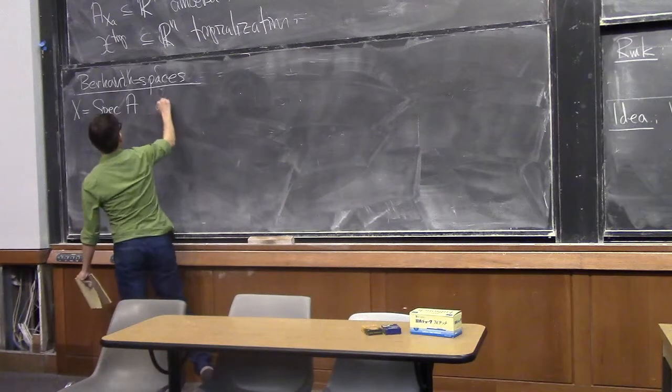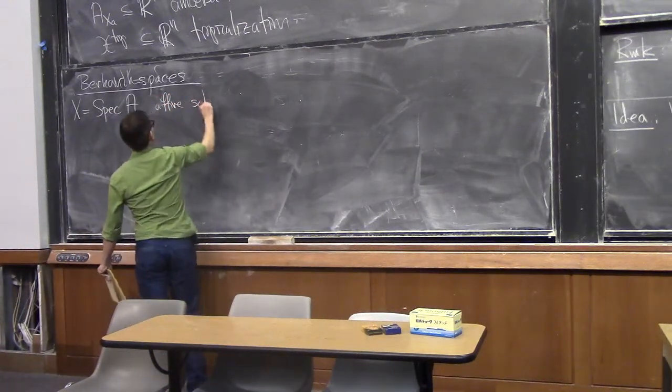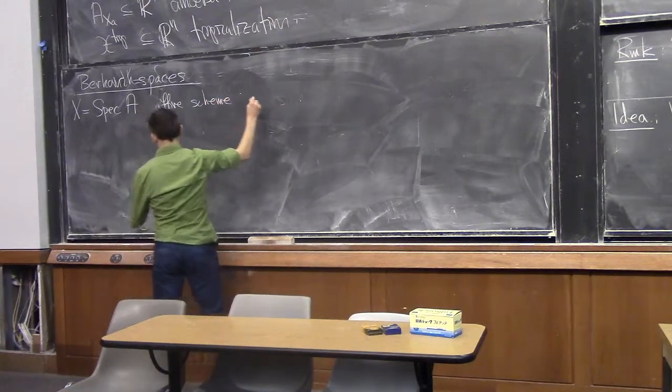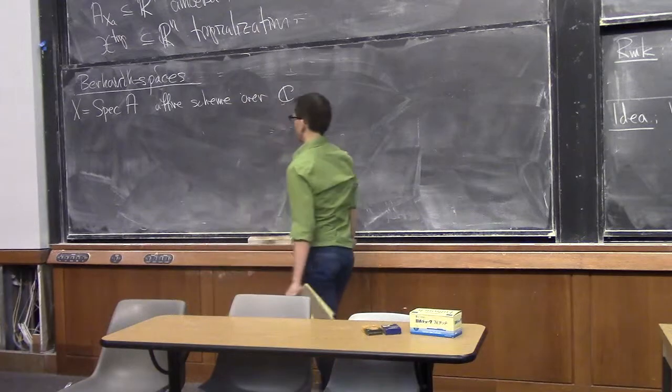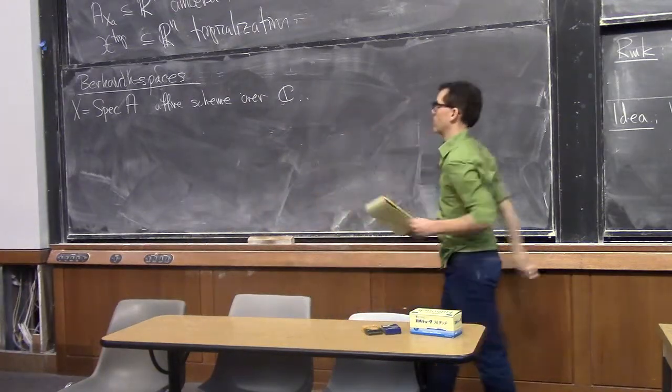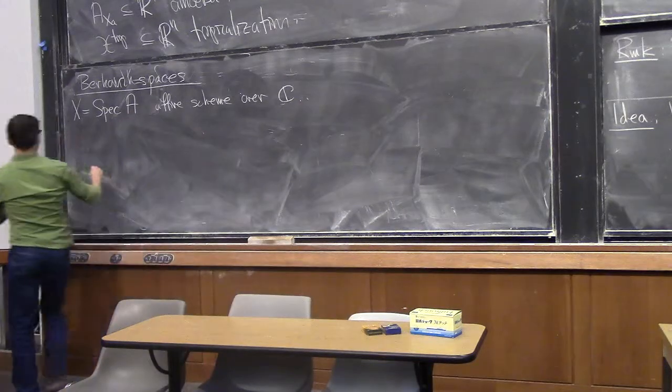So let's say you have an affine scheme over C, where A is a finitely generated C-algebra. This is the setting I want.